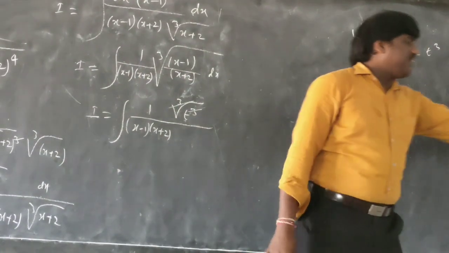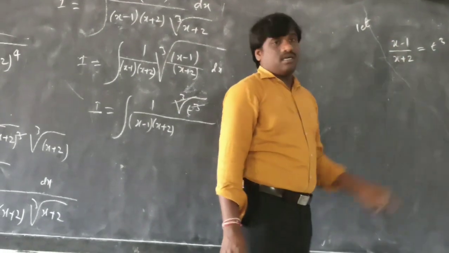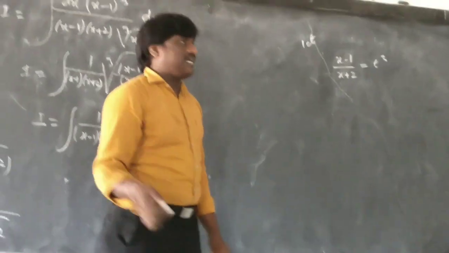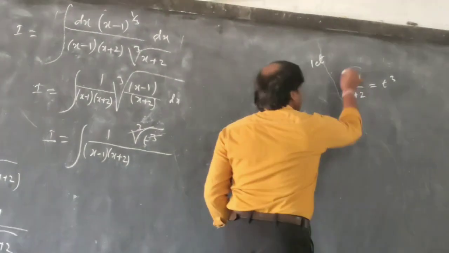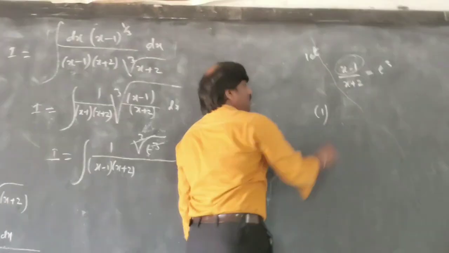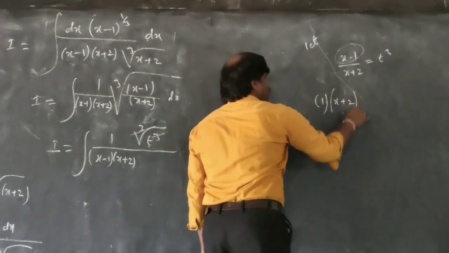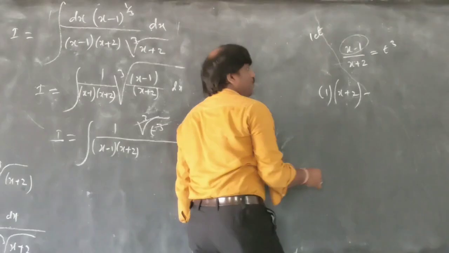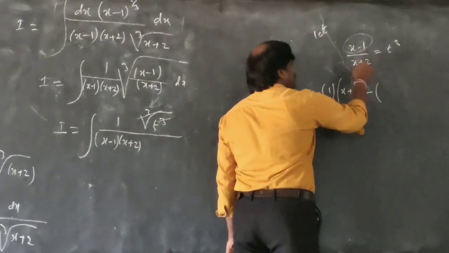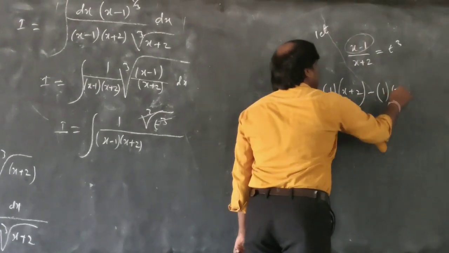So now we can differentiate. This is the u by v formula. The u by v formula is u dash v minus v dash u. U dash means the differentiation of x minus 1, which is 1. U dash v, that is x plus 2, minus v dash u. The differentiation of x plus 2 is 1, and u is x minus 1.